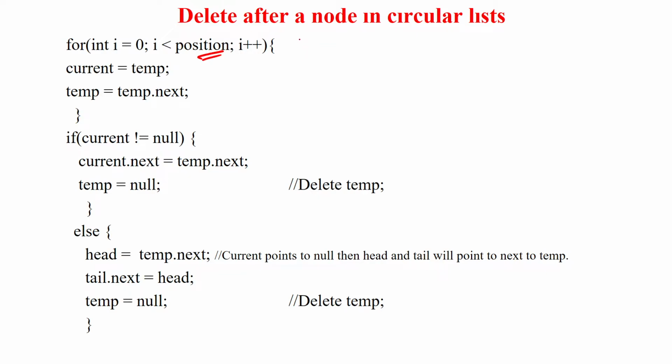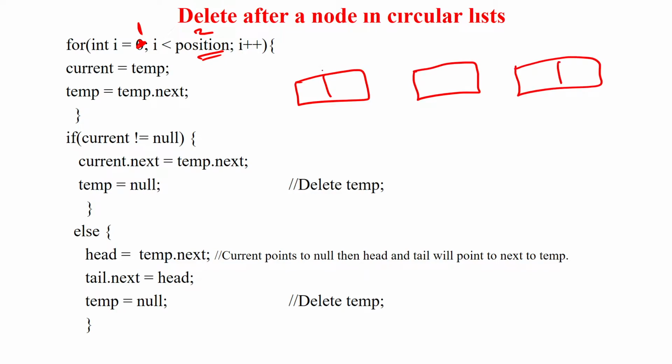Let's take that I want to delete node number 2. I am taking 1 as the initialization value. Now I have 3 nodes in the list. The first node has address 101, the second node has address 102, the third node has address 103, and tail is 103.